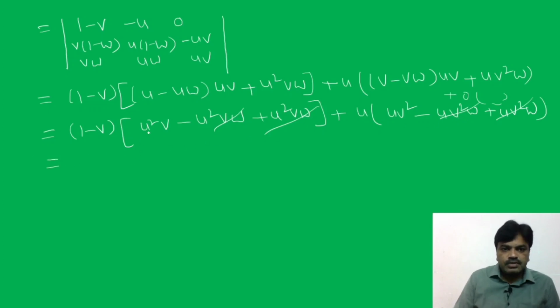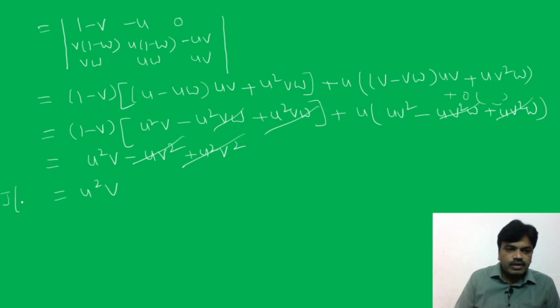So that is equal to, multiplying with u square v, we get u square v minus u square v square, multiplied with u, we get u square v square. Simply plus v square u square minus u square v square cancel here. Finally we get u square v. This is the value of J of x, y, z upon u, v, w, friends.